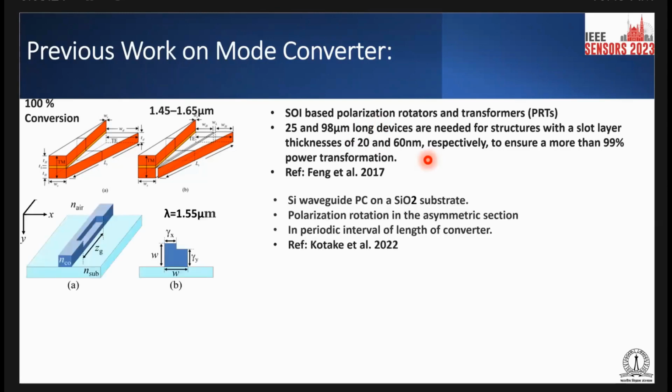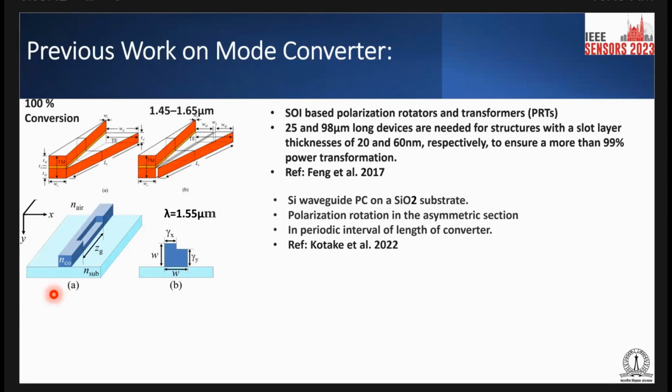Similarly, the next one is a silicon waveguide, an asymmetric waveguide. As you can see, it is a staircase kind of structure. This is also silicon on insulator, SiO2 based, and polarization rotation happens in the asymmetric section.